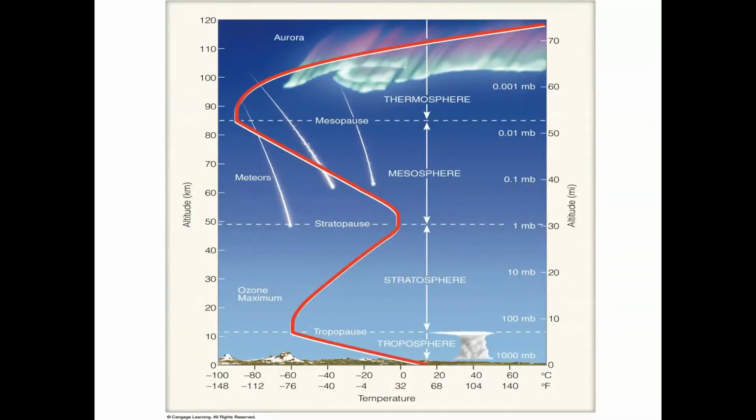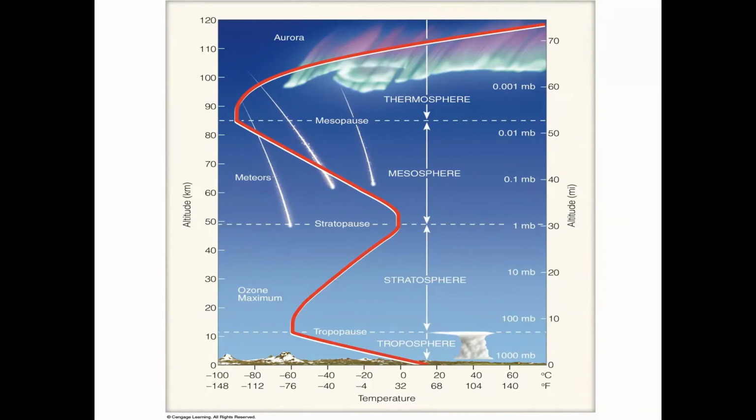If we look at a temperature profile of our atmosphere, which is just a graph of temperature versus height, what you see is that here in the troposphere, temperature declines with height. When you go up into the stratosphere, temperature increases with height, then it levels off and then decreases again in the mesosphere, then it levels off and increases substantially with height in the thermosphere.